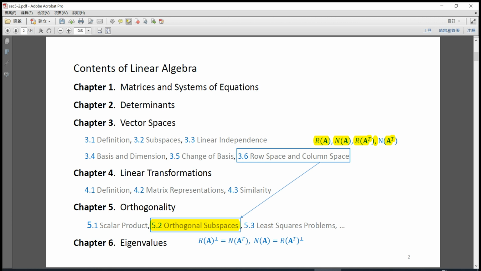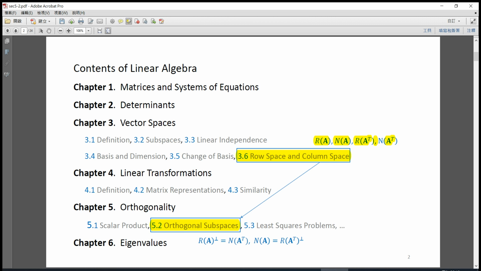The four subspaces are defined in section 3.6, and the four subspaces are called the fundamental subspaces of a matrix A. In section 5.2, we are going to study the relationship among the fundamental subspaces, and we will give the definition of orthogonal subspaces.